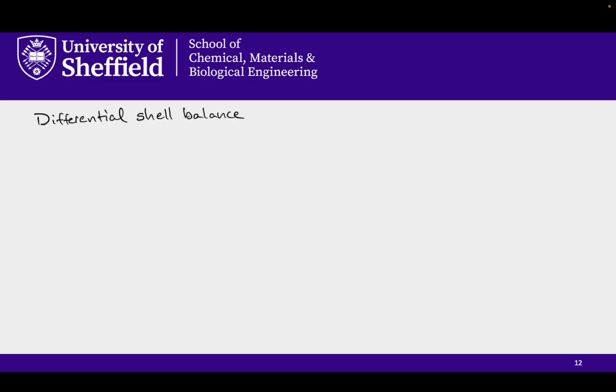So to start the problem, we write a differential shell balance, and we have differential units in the delta y and delta z directions because we're trying to solve for those dimensions, but the dimension in the long dimension, the width, is not.